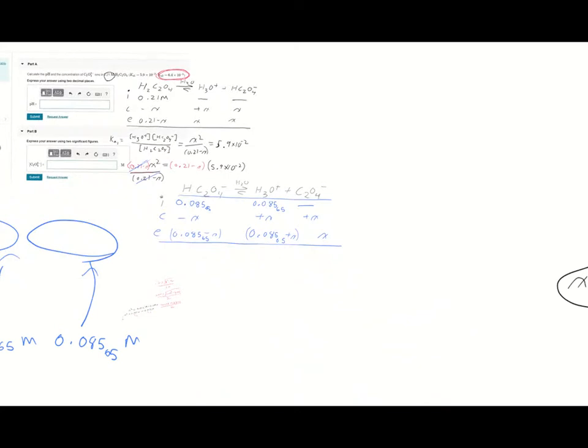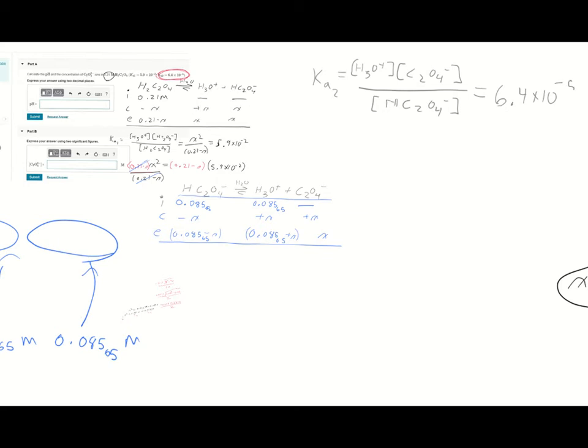All right, so we're setting up our Ka2 equilibrium constant. Ka2 is equal to our hydrogen ion concentration times the C2O4 2-negative ion concentration, and it's all equal to 6.4 times 10 to the negative fifth.